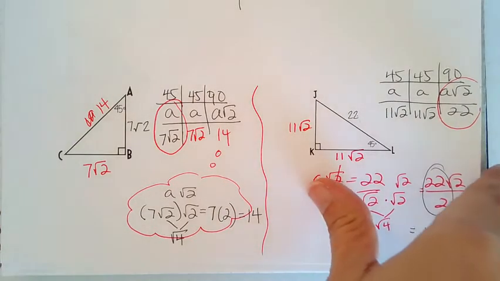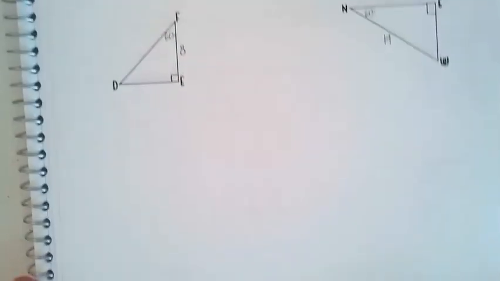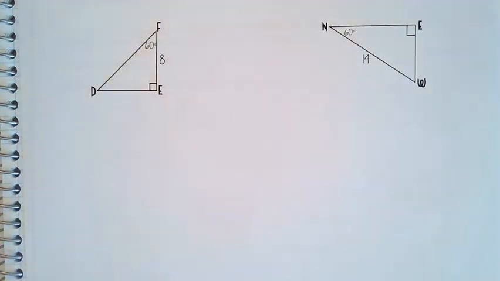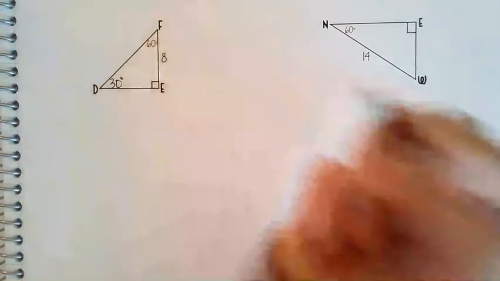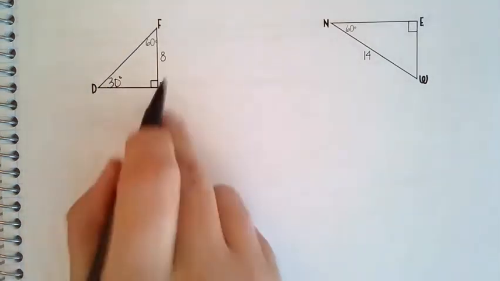Okay, so now let's go ahead and try another type. So now let's look at our 30, 60, 90. Well, for whatever reason, guys, my brain thinks about a triangle set up a different way.